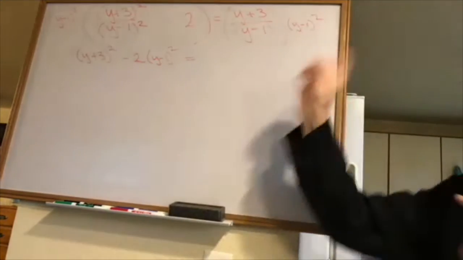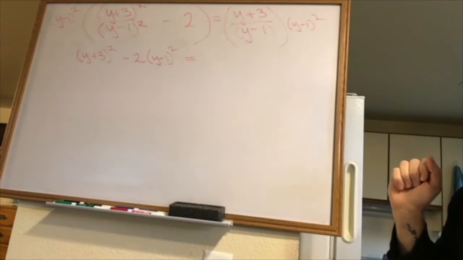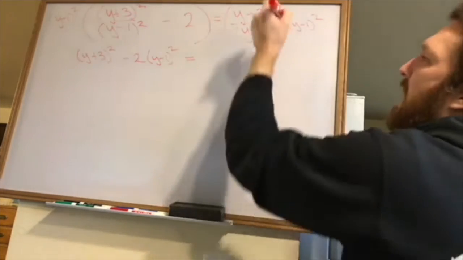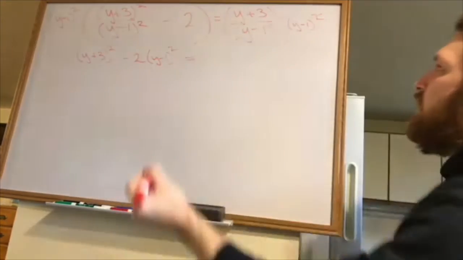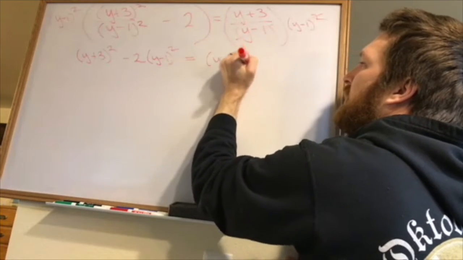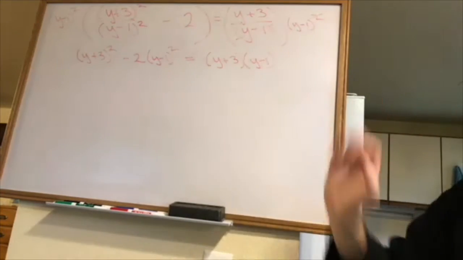Equals, and now on the right-hand side, you have y minus 1 times y plus 3, because one of those canceled with one of those, and the numerator stayed times that new thing. We could write that in either order, and that's perfectly fine.